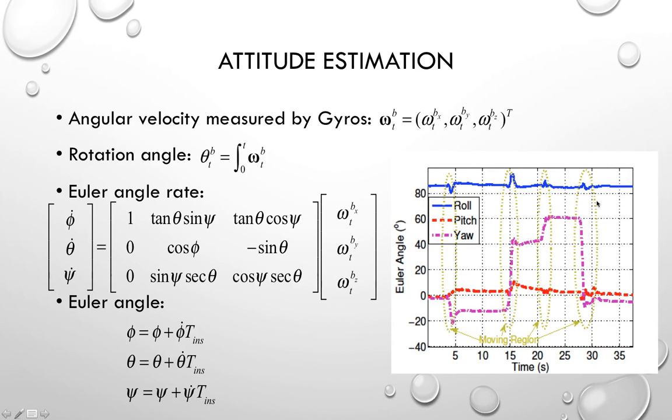This figure shows our experimental result when we move a smartphone. When we keep it stationary, the roll, pitch, and yaw also stay stationary. In these four moving regions, the roll, pitch, and yaw change. It is very accurate.